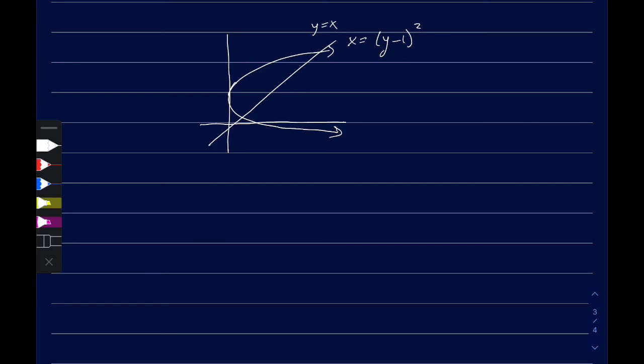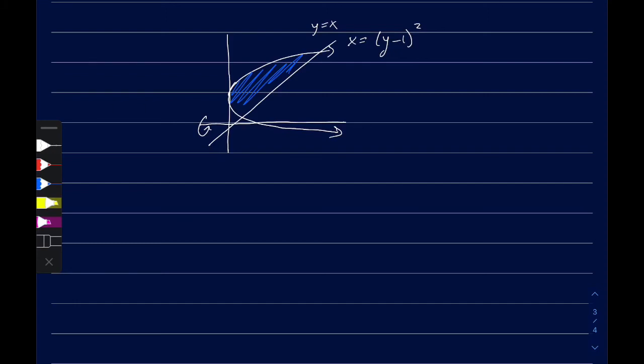Now, let's do a quick discussion as to where we would really use the shell method and where it'd really be a big advantage. So say we had a graph like this, where we have this parabola, say that's x equals, what would that be, maybe (y minus 1) squared. And then we have y equals x, and we want to rotate this blue region about the x-axis.